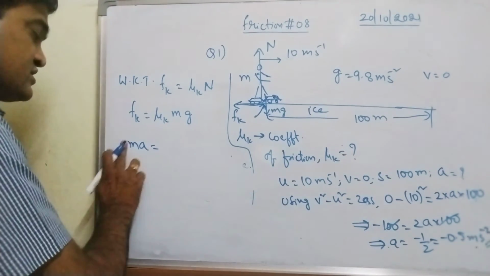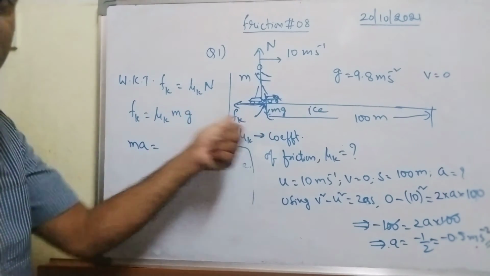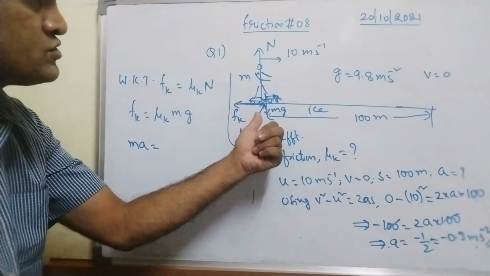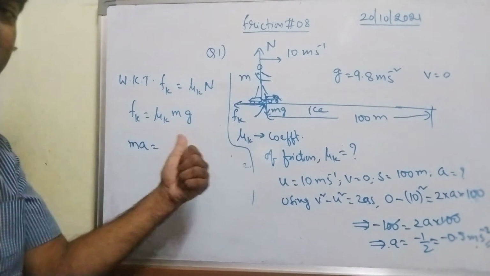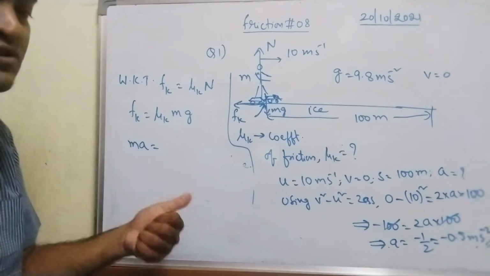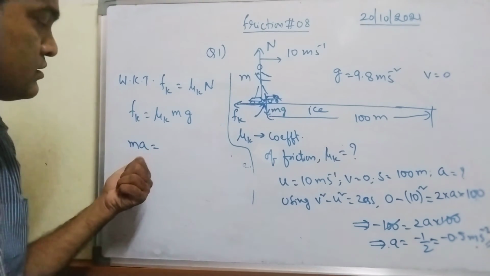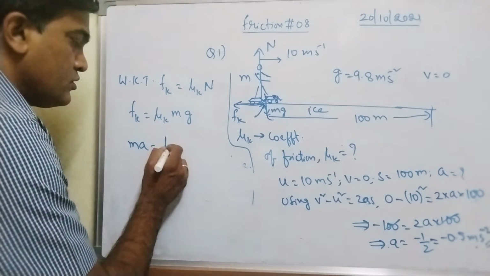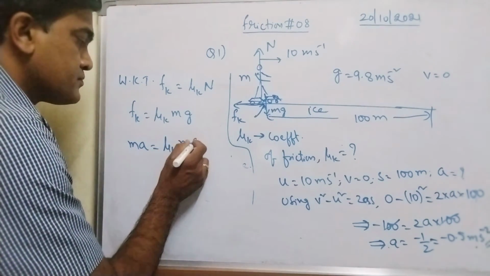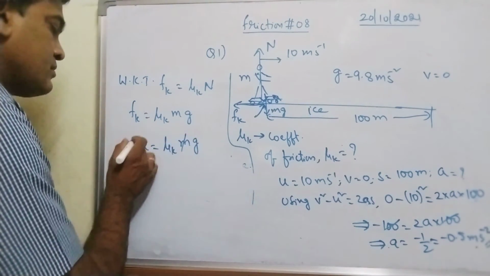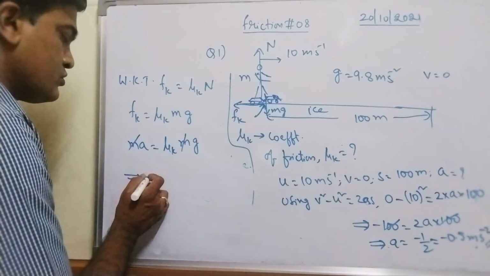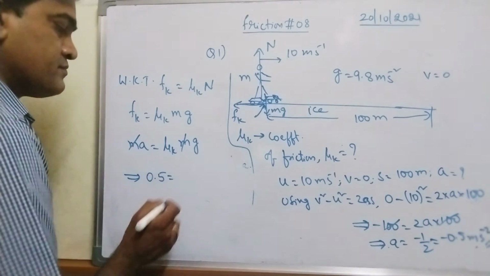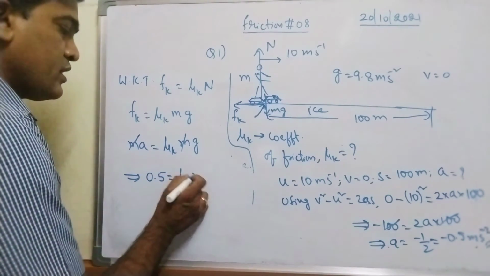Sorry, I am writing retardation. Frictional force is an opposing force, is it not? Acceleration I got as negative. So Fk, as it is acting in the opposite direction, minus of minus ma gives plus ma. ma is equal to mu k into mg. So m gets cancelled. Now put acceleration 0.5 is equal to mu k into 9.8.